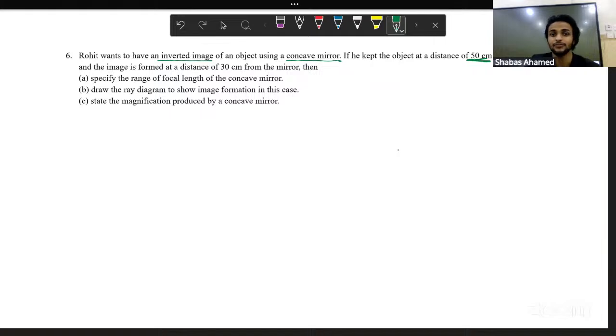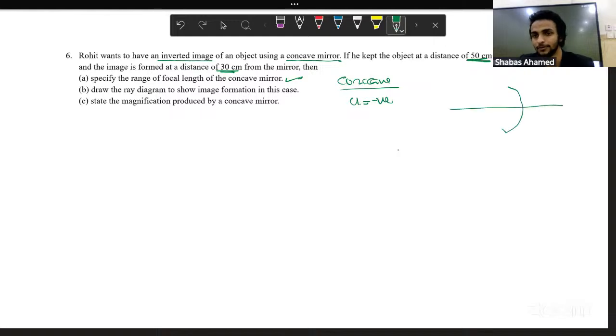We have to find the focal length. So here we have a concave mirror. For a concave mirror, u is negative because we are always placing an object in front of the mirror.